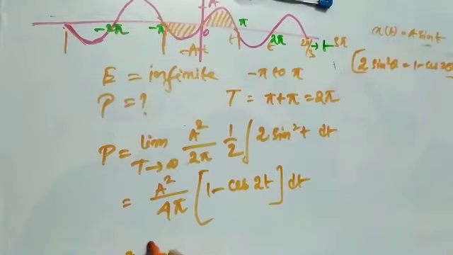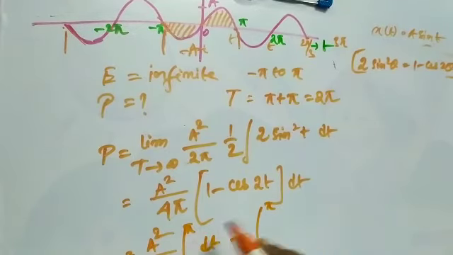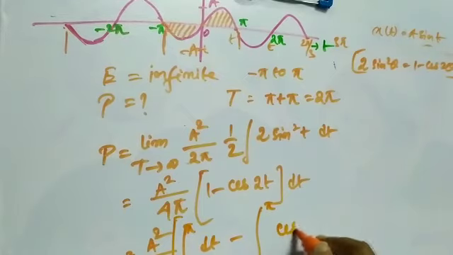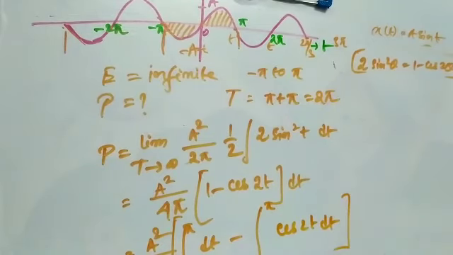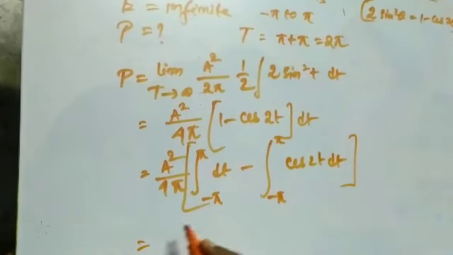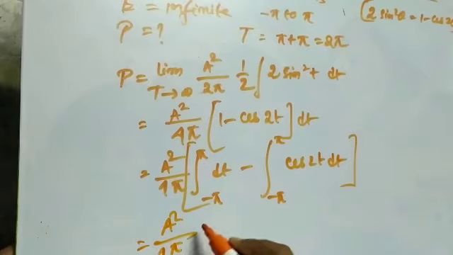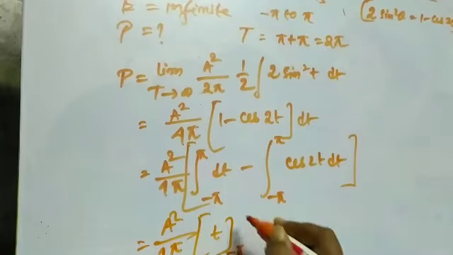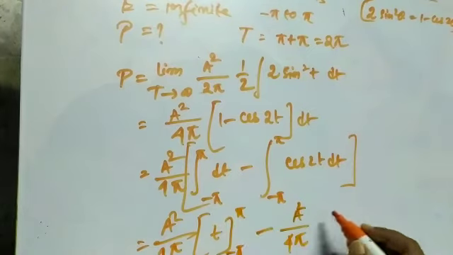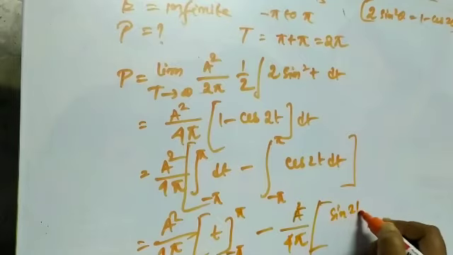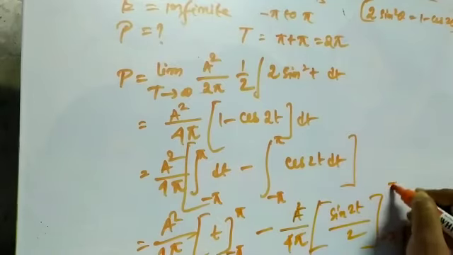Now just do the maths part. After breaking the integration term it would become A square by 4 pi, t from minus pi to pi, minus A square by 4 pi, because A is common, times sine 2t by 2 from minus pi to pi.